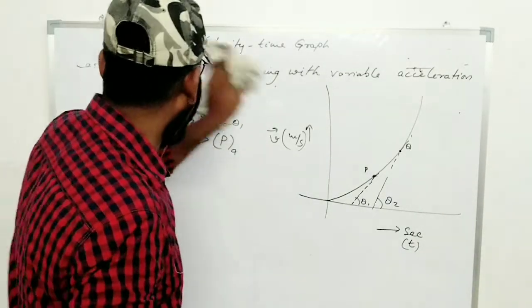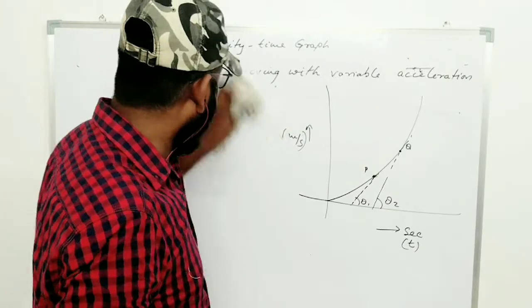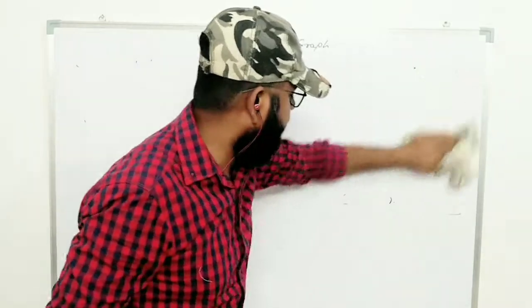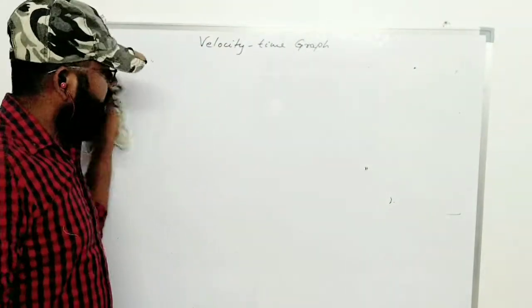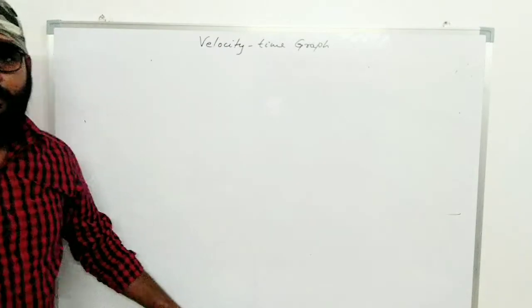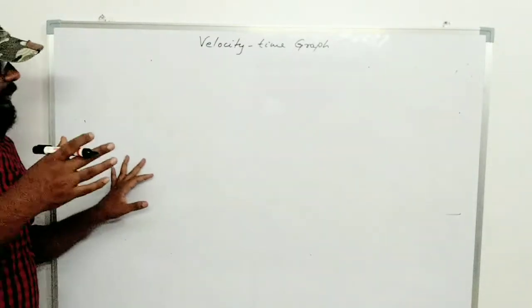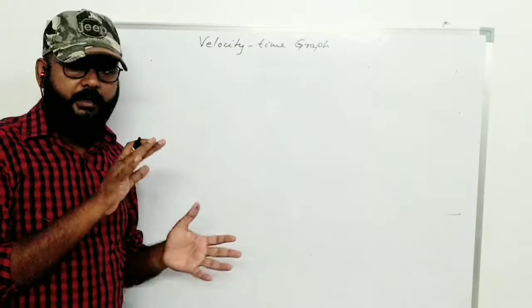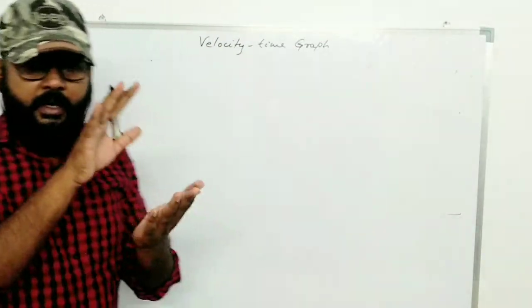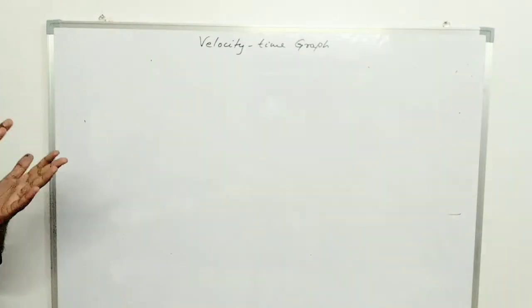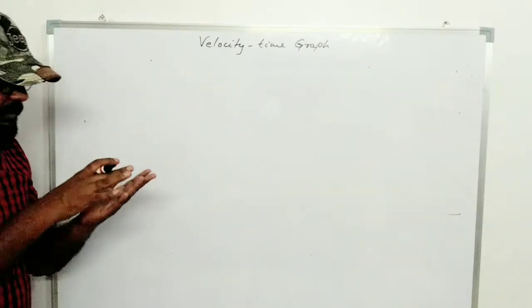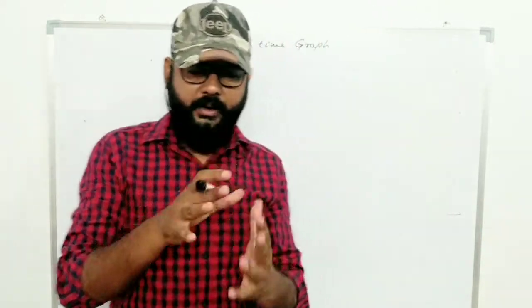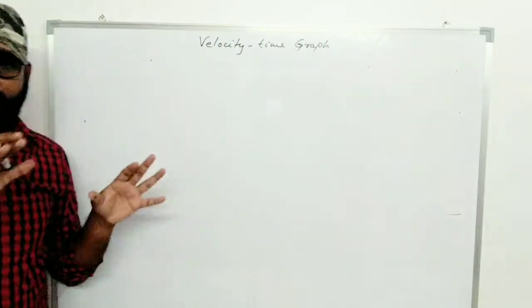This is variable acceleration. Suppose the body is retarded. Okay, retarded means, suppose I am at the speed of 100 km per hour, and I applied brake. Okay, when I applied the brake, the speed of the body is decreasing uniformly with time.